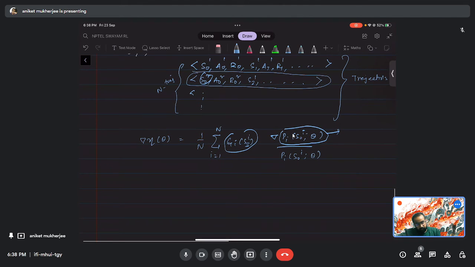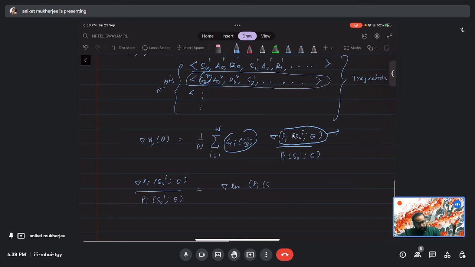Now grad pi(S0_i; theta) divided by pi(S0_i; theta) you can write as grad log pi(S0_i; theta).